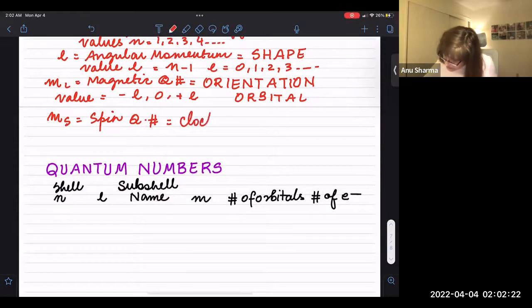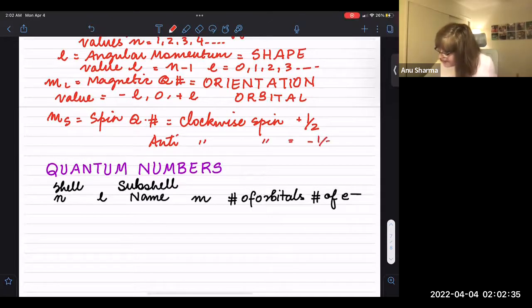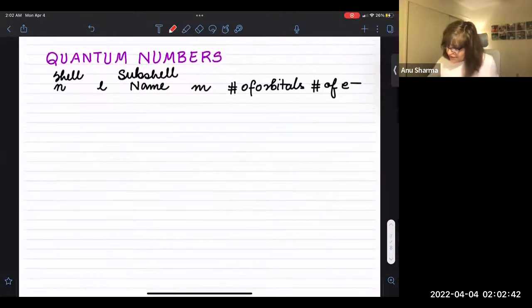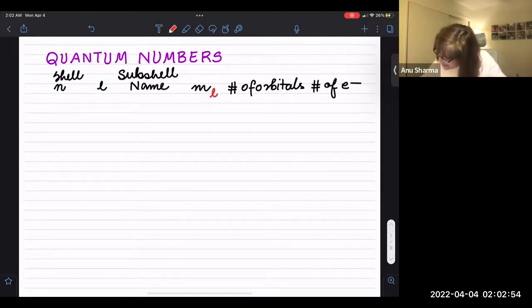Clockwise spin is +1/2 and anti-clockwise spin is -1/2. All right, so these are the very basics of these. Now let's look at this is L, this is ml, and this is going to be the number of electrons and their spin.